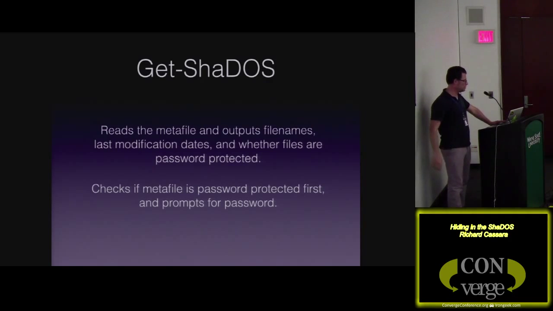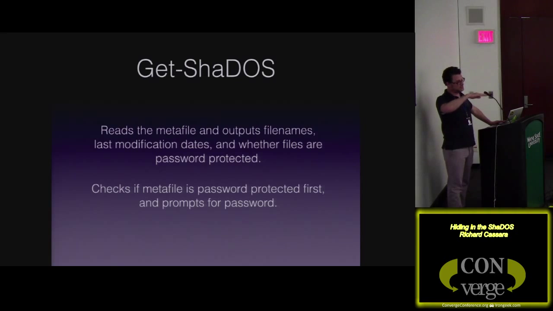I wrote there that whether or not they're password protected, but right now it doesn't do that. But it's trivial to add that in. What it does is it first checks if there's a password protection on the meta file. That password protection is kept in another alternate data stream on the same file.